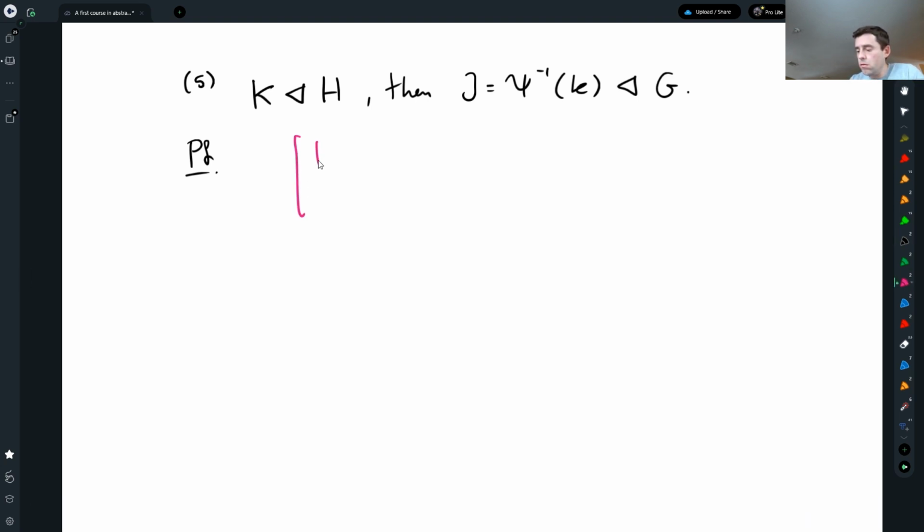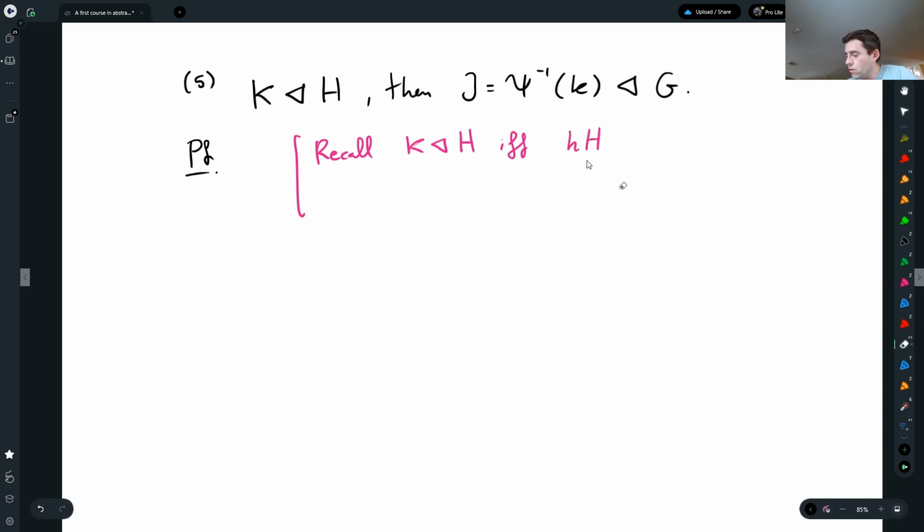Recall that K is normal in H if and only if, for all h in H, we have that hK is the same as Kh. The left coset hK and the right coset Kh are the same.